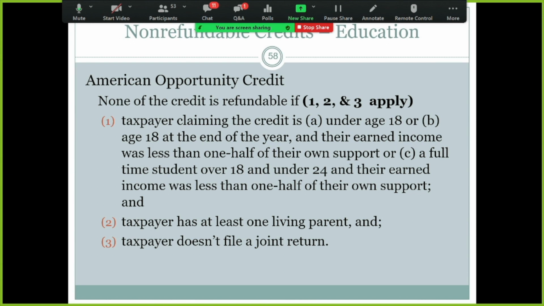So these are significant when none of the credit would be refundable.